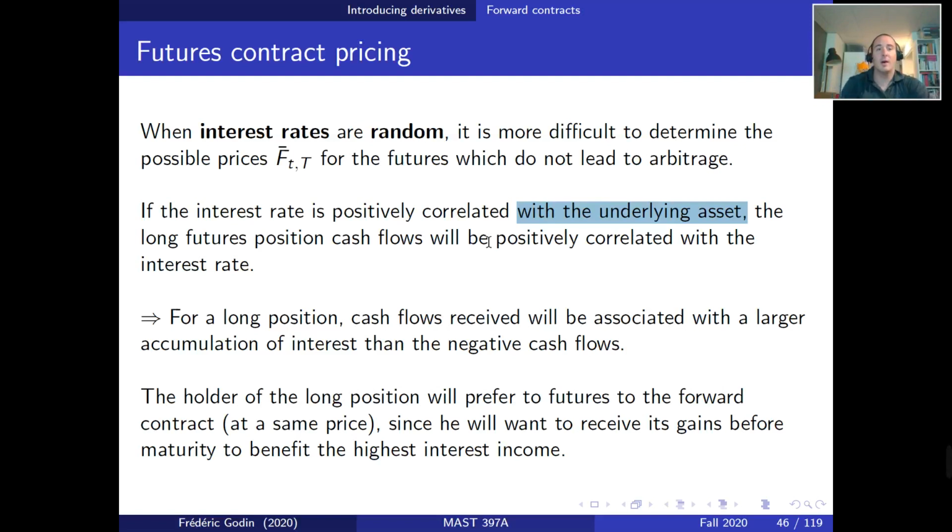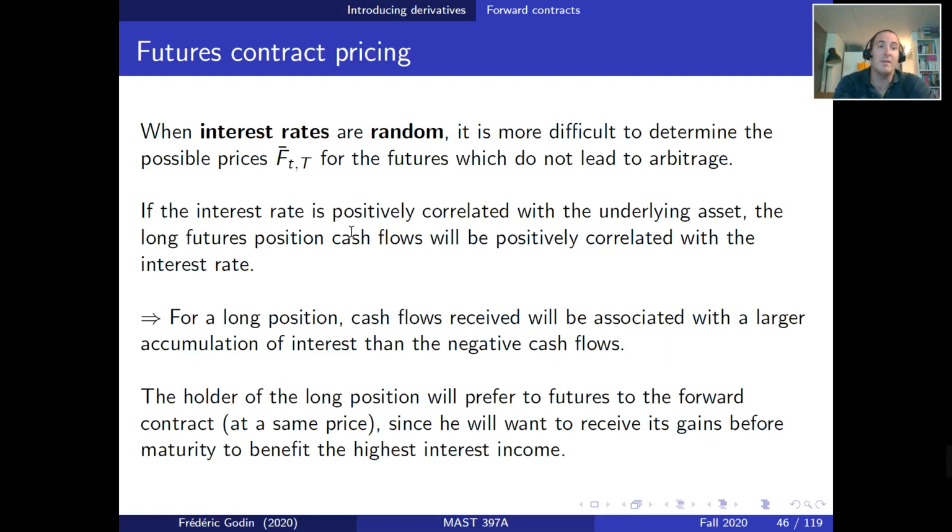Okay, so if we're in that case where the interest rate is positively correlated with the underlying asset, then the holder of the long position will prefer futures to forward contracts, assuming they have the same price. And why is that the case? Well, it's because when rates are positively correlated with the underlying asset, you prefer receiving cash flows as early as possible.